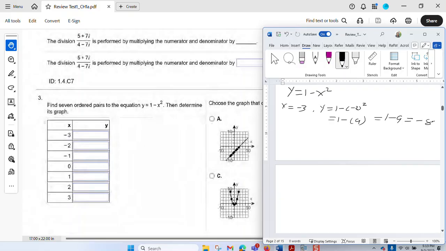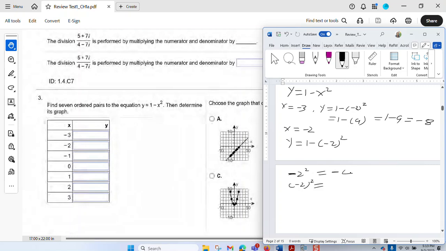And then let's calculate one more time. When x is negative 2, y is going to be 1 minus negative 2 squared. If you have negative 2 squared and negative 2 squared with different placement, these two are very different. A lot of people get confused on these two. In this one, the negative doesn't have a square, so you carry it over. So this will be negative, and then 2 squared will be 4.